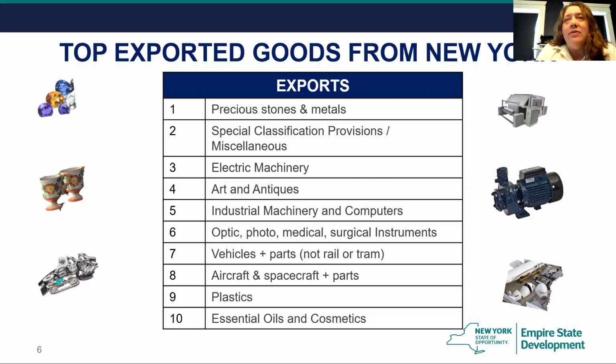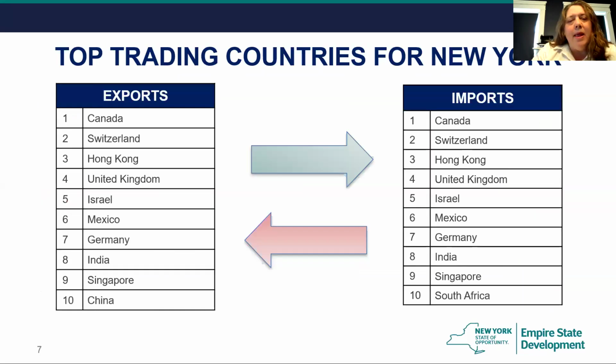And then again, a lot of our legacy businesses in pharmaceuticals and electronics and optics and aircraft parts, plastics with General Electric, and our cosmetics industry are leading some of those top products that we export.